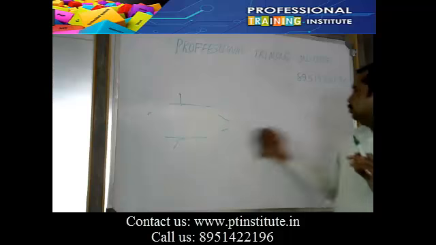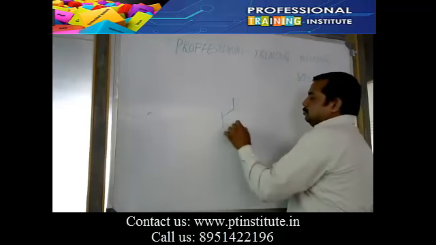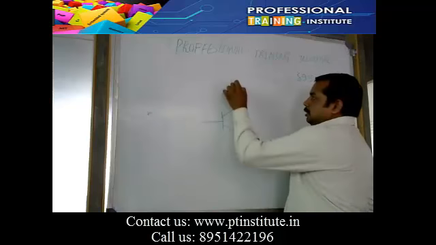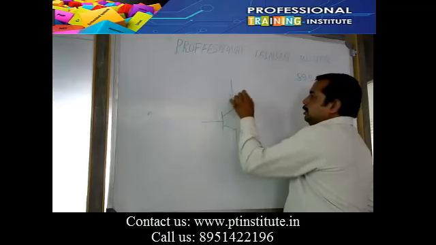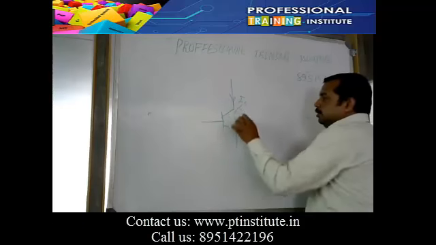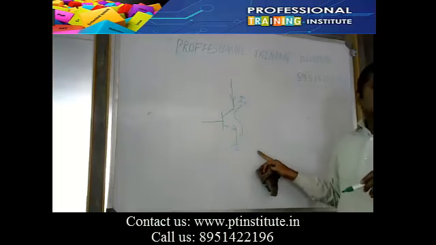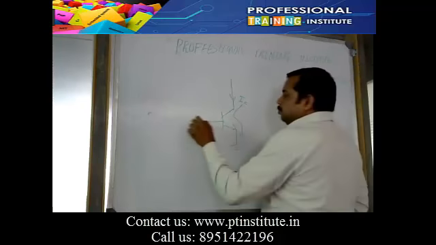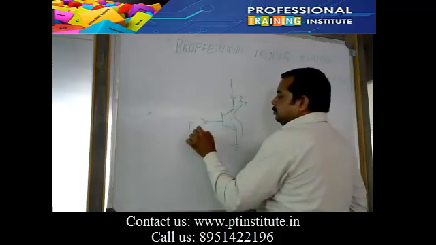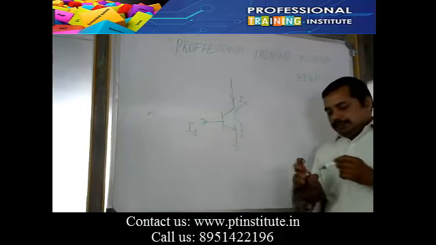Very good. Let's move on to the transistor region. In the transistor, there is one current called the collector current, and this collector current goes to the ground through this path. And there is one more current, that is the base current.